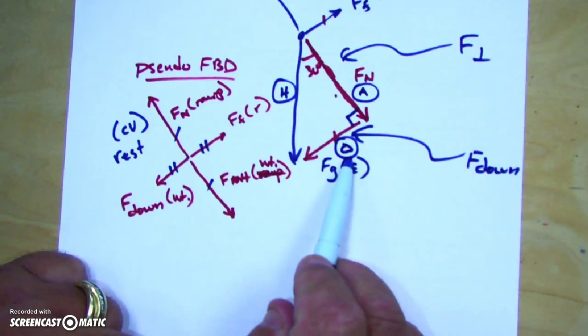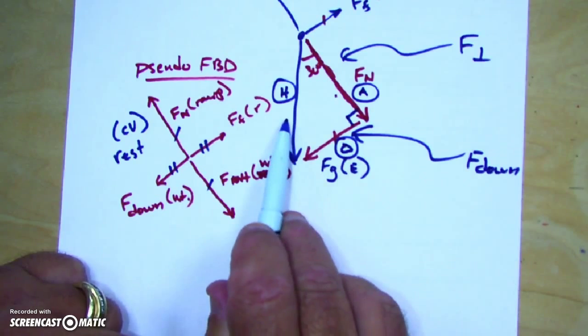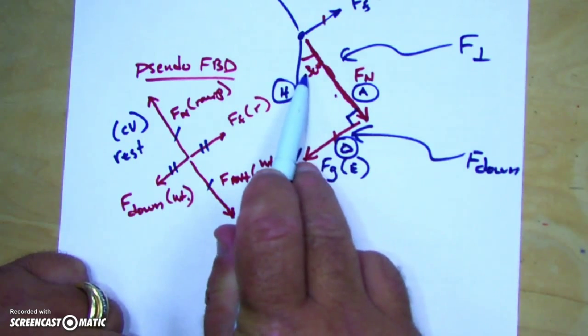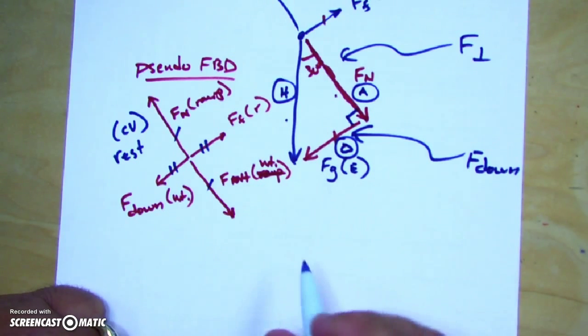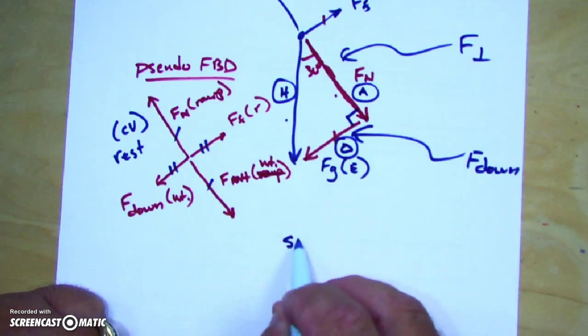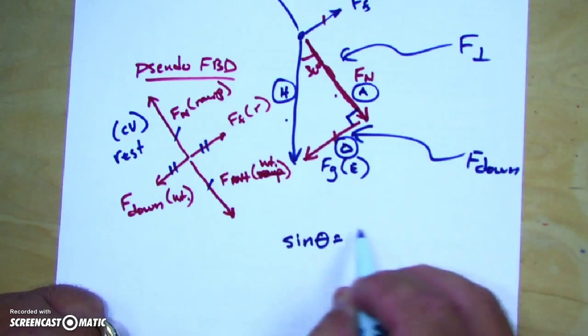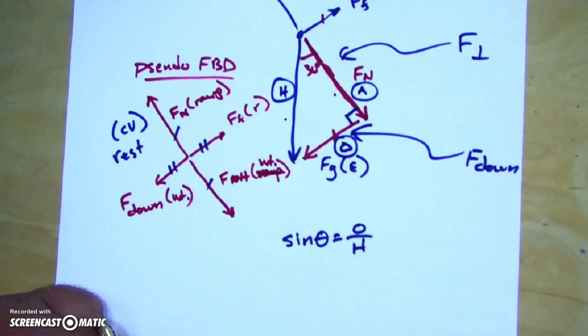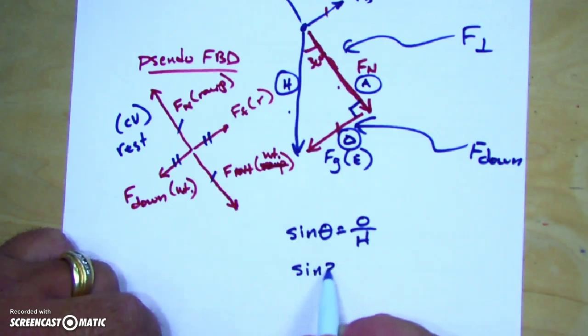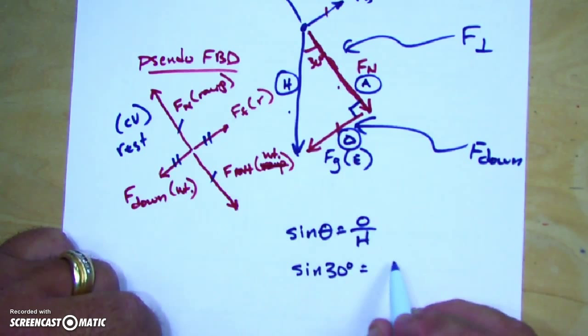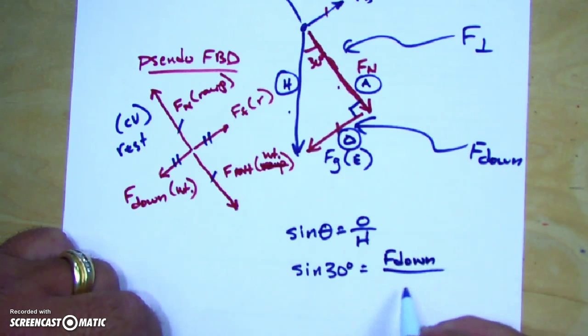If I want to find the opposite side, I usually know the hypotenuse and I know the angle. Well, opposite over hypotenuse, according to SOHCAHTOA, is sine of theta equals opposite over hypotenuse. But in our case, it becomes the sine of 30 degrees is equal to F down, because that's opposite, divided by the total weight.